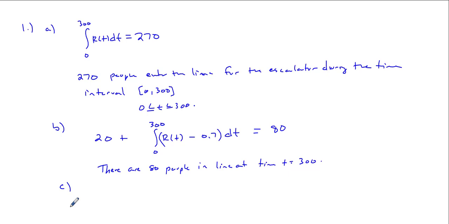0.7, right? So all you really need to do is figure out how long it takes for those 80 people to leave at 0.7 leave per second.